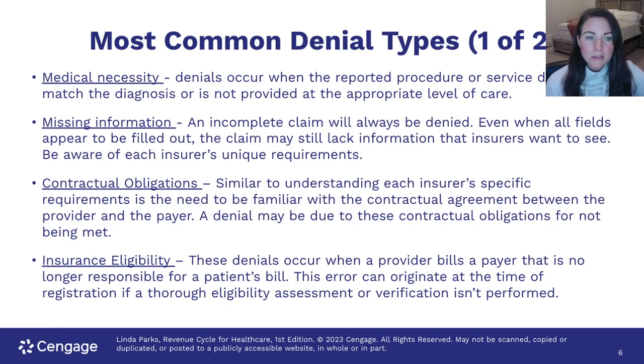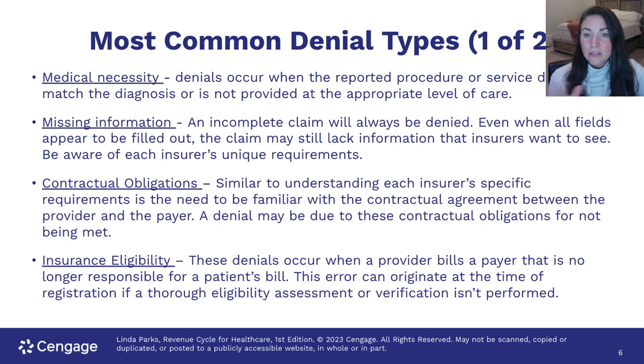Contractual obligations. So when you go into a contract with a payer, there are usually contractual obligations that are set, just things that you have to do a certain way. So if these aren't met, then you can have a denial. Insurance eligibility.